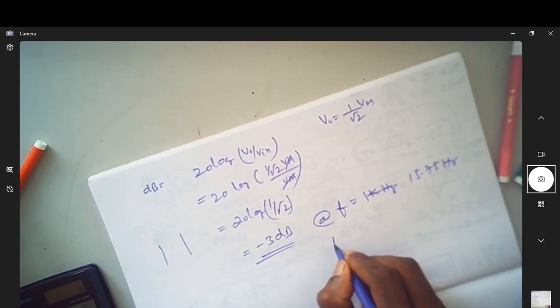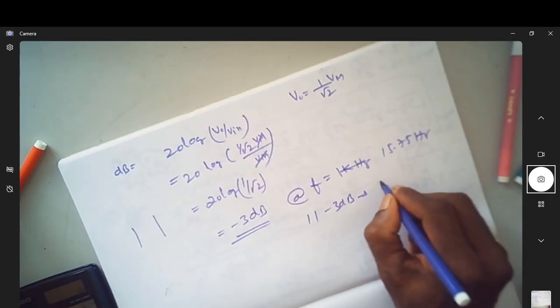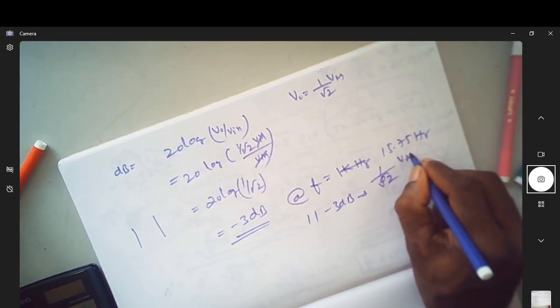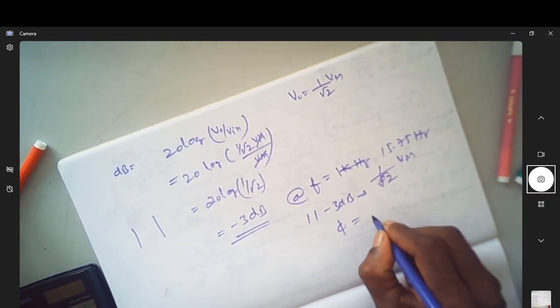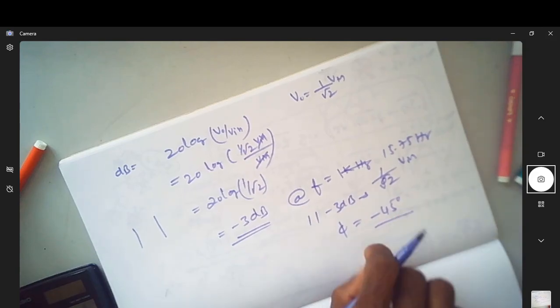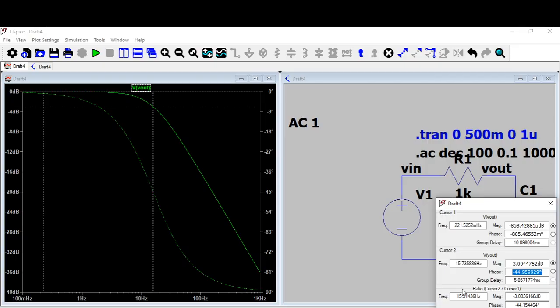Magnitude is minus 3 dB, which corresponds to 1 over root 2 times of Vin, and the phase is minus 45 degree lagging compared to input. All these information are captured here.